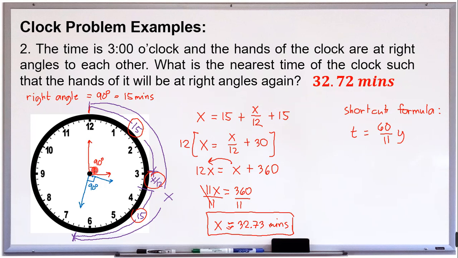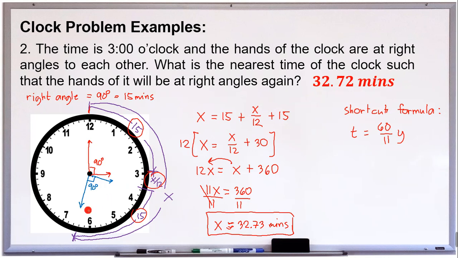Instead, you just illustrate the final position of the minute hand as stated in the problem. Okay, so the final position of your minute hand depends upon the way on how you interpret the problem.